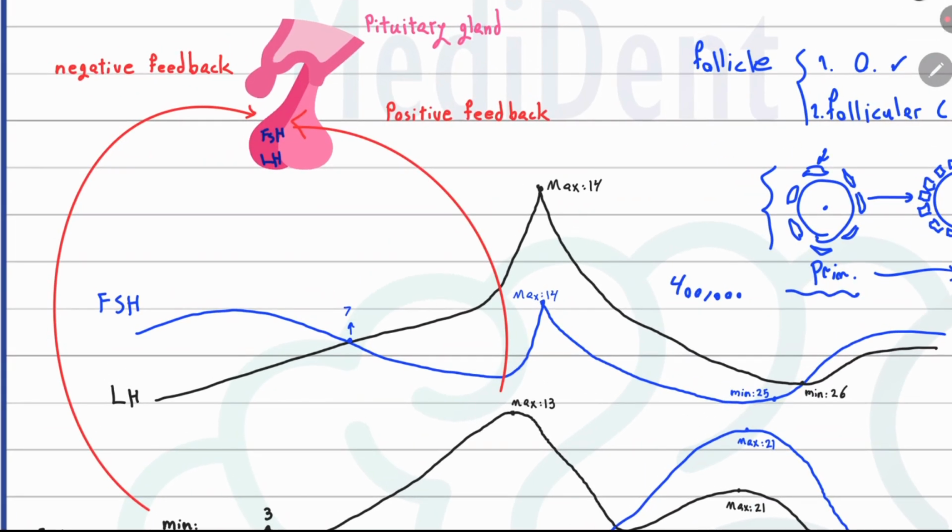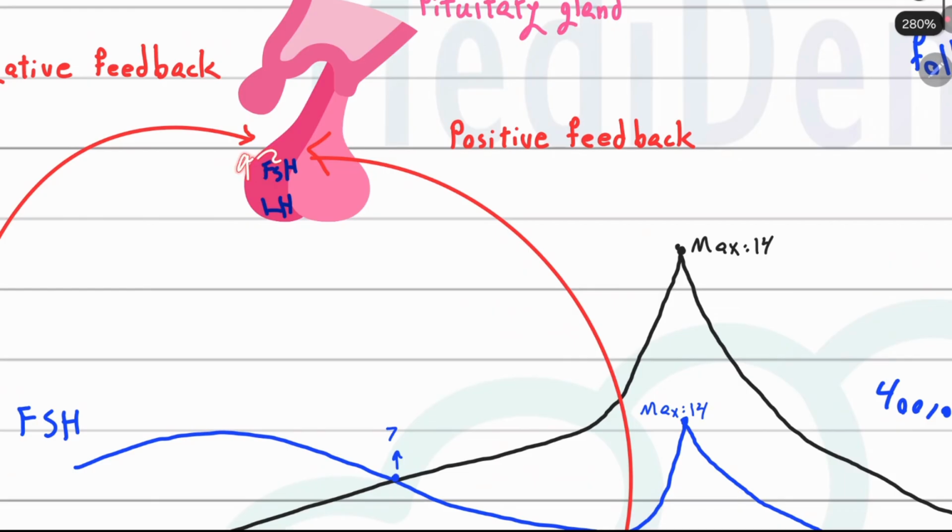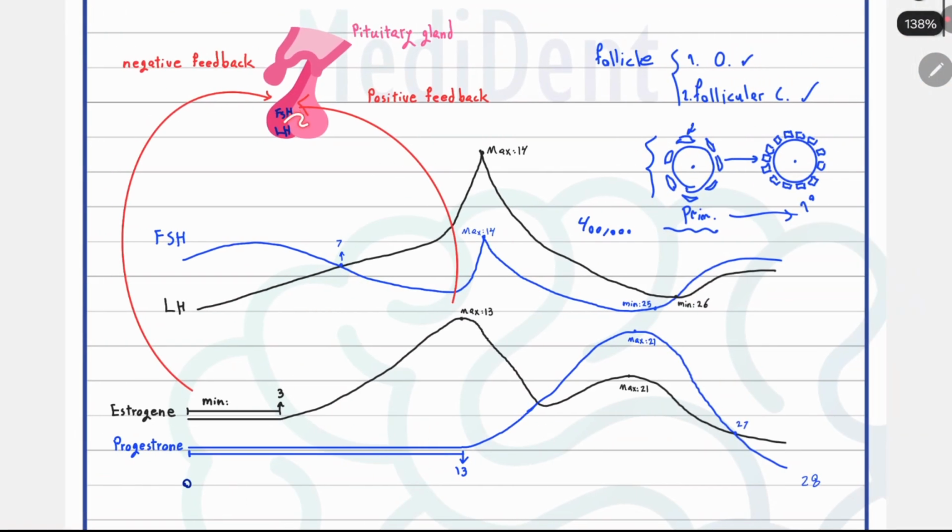And the pituitary gland, in response to these low concentrations of estrogen and progesterone, starts to secrete two important hormones. The first one is FSH, follicle stimulating hormone, and the second one is LH, luteinizing hormone. But the effect of FSH in the first half of the period is much more significant than LH.